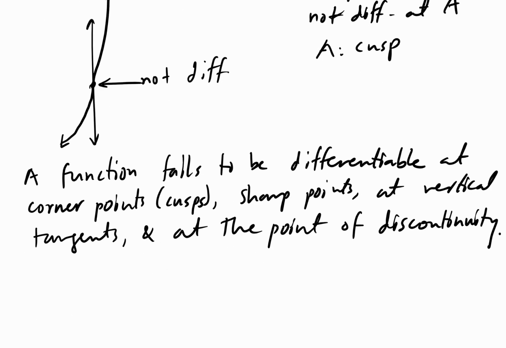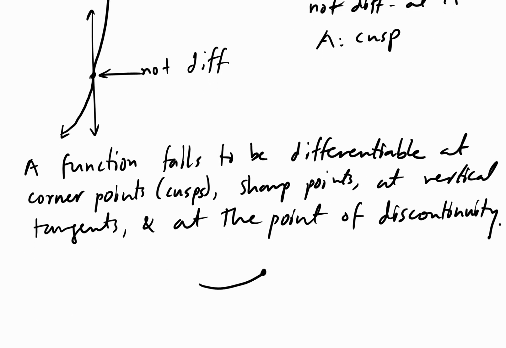So if you have a function that goes this way and then it continues, this is not differentiable at this point. Not continuous, not differentiable.